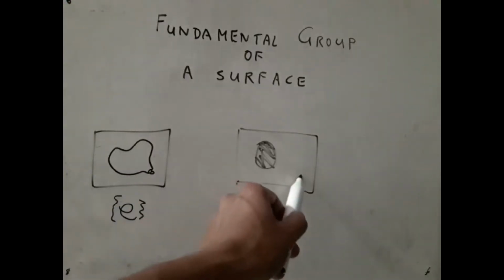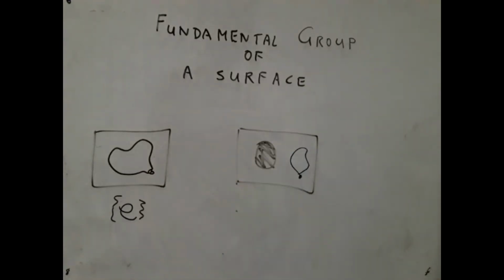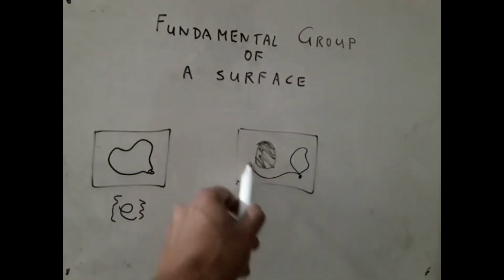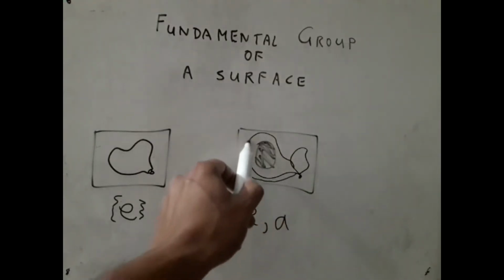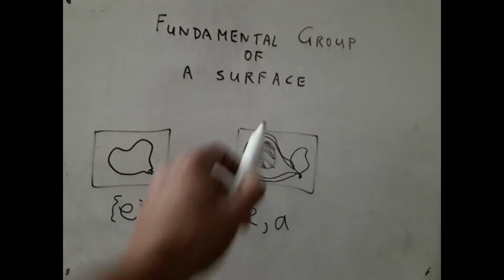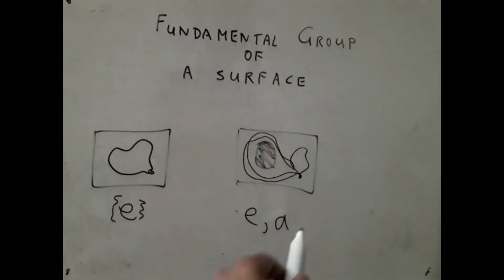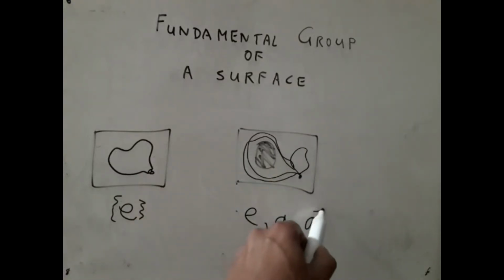In this case, a path may be like this, which is an identity element, or a path may be around that hole. So if I call this A, then obviously everything that traverses the hole in this clockwise direction will be equivalent to A, and if I traverse it in the counterclockwise direction, I have this.